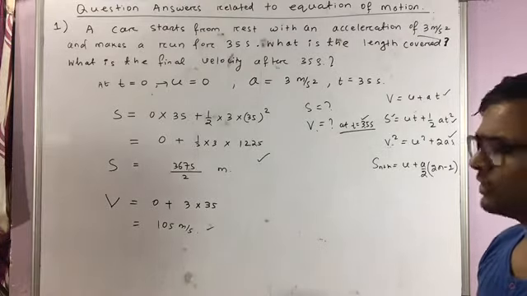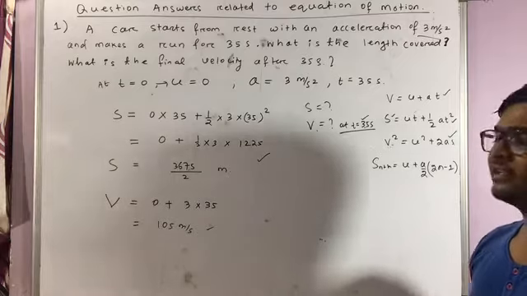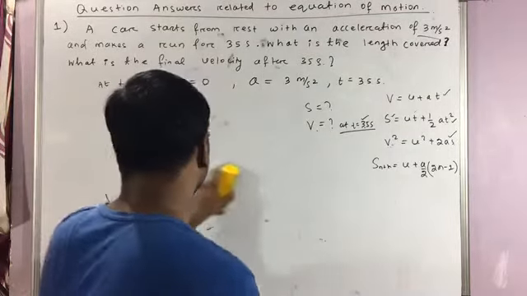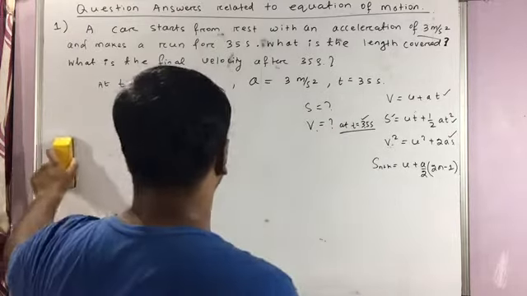Once the driver applies the brake, let's say the acceleration is 6. So after how much distance will the car come to a stop?